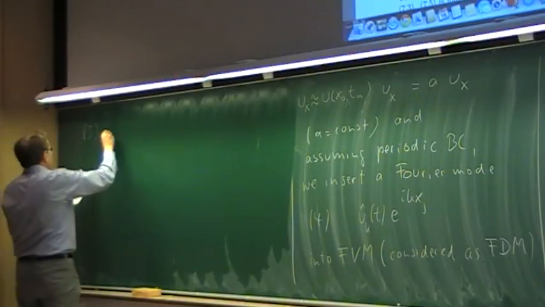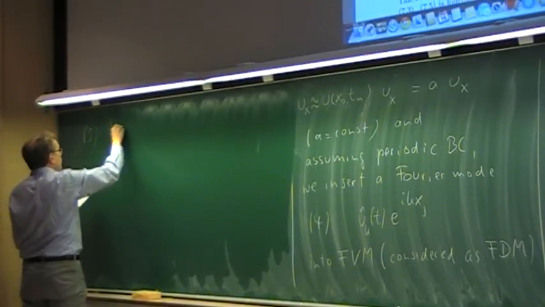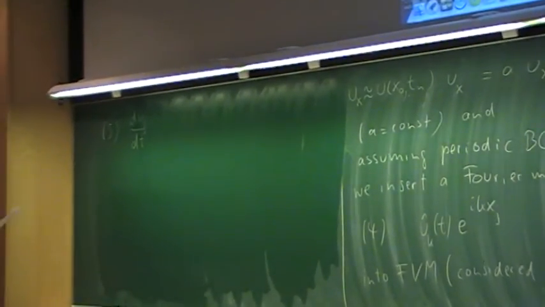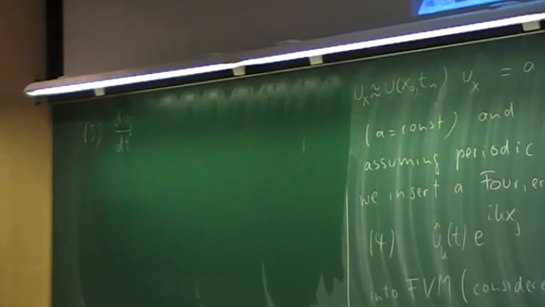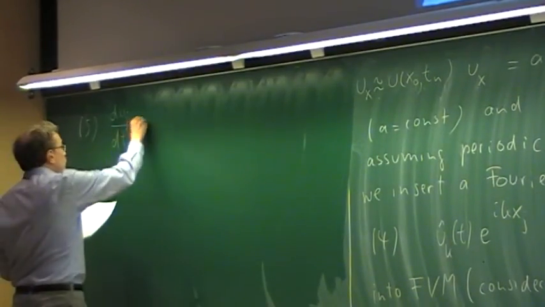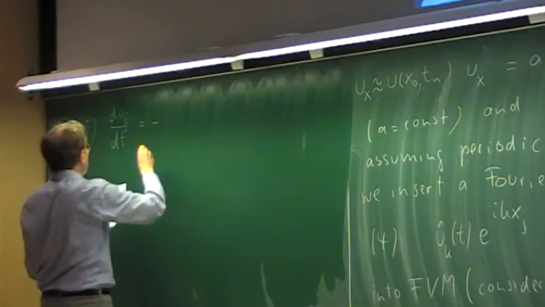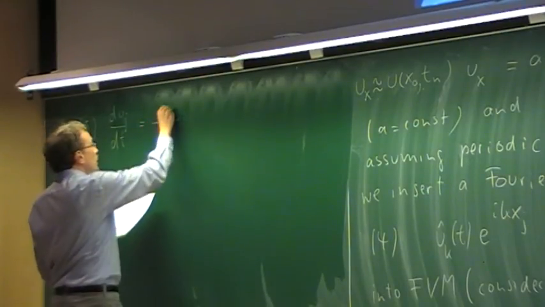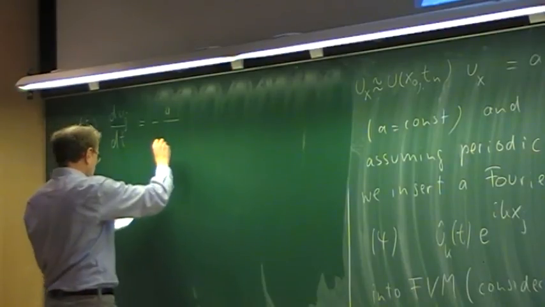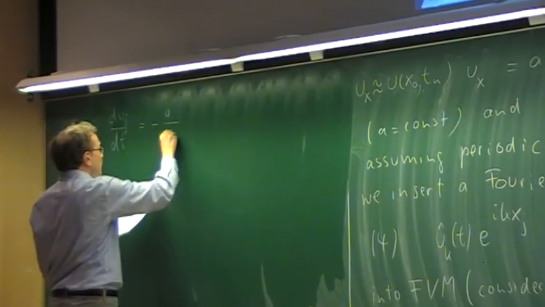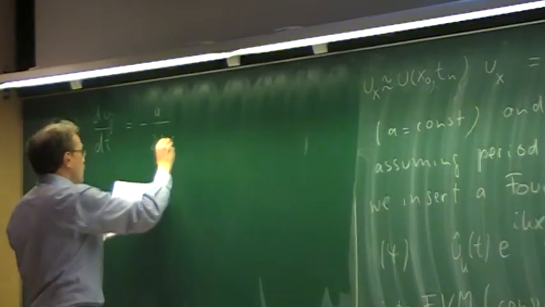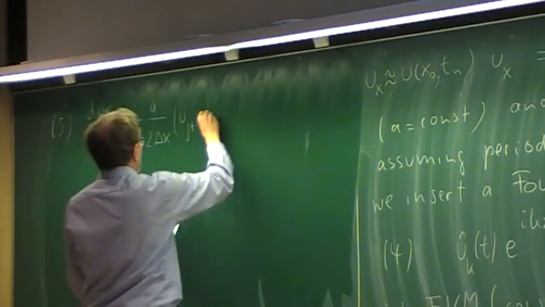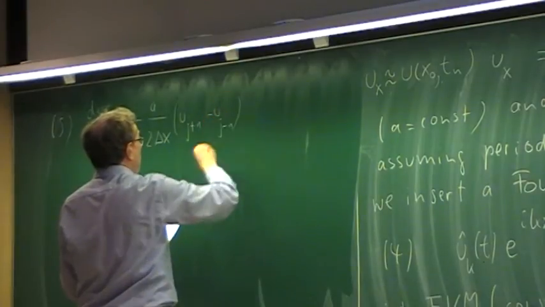So that is equation 5. We get the time derivative of our approximation to the cell average in the cell j is equal to, and now we divide it by delta x. We assume we have an equidistant grid. So we have our convection velocity, and then we have a central discretization. So then we get this in the end, uj plus 1 minus uj minus 1.